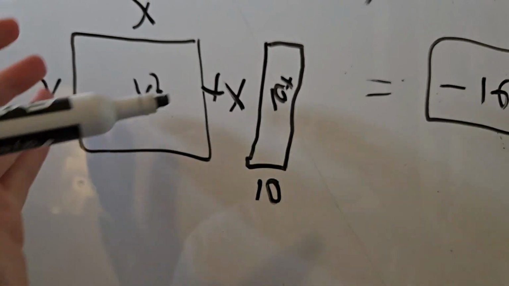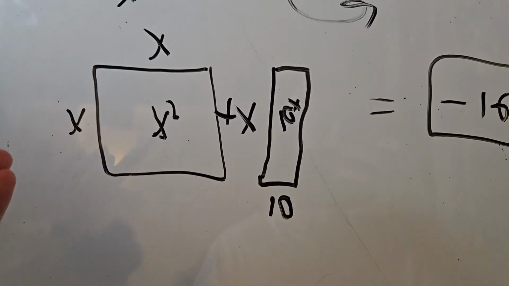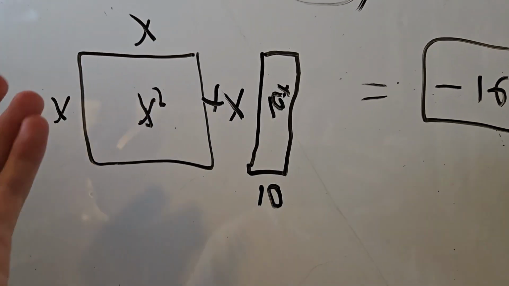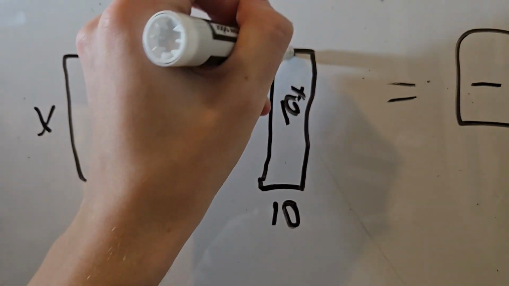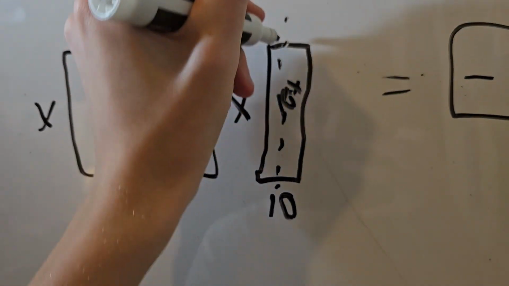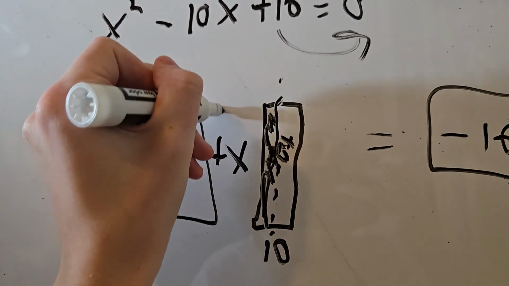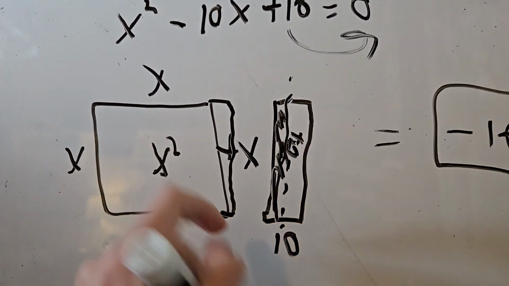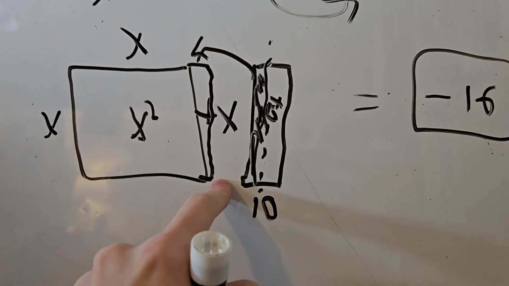And we want to figure out how to make a square, because squares are easier to just take the square root and solve for. So the way to do that is we can notice that if we cut this thing in half, then this section can go right over here. So you can imagine pulling this over here.